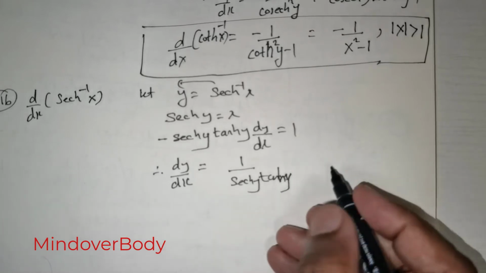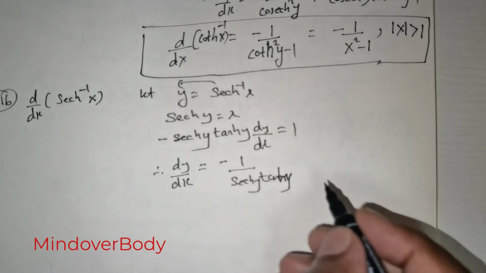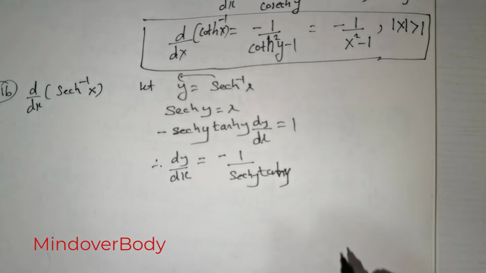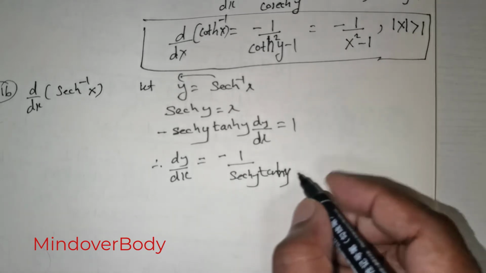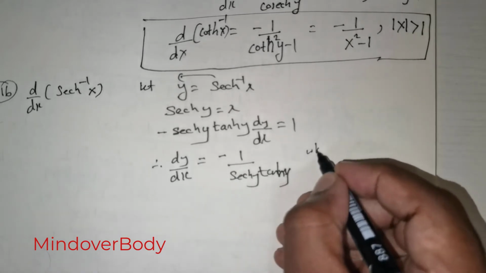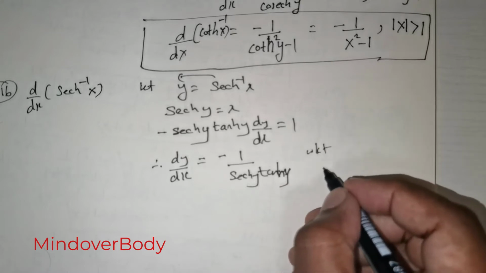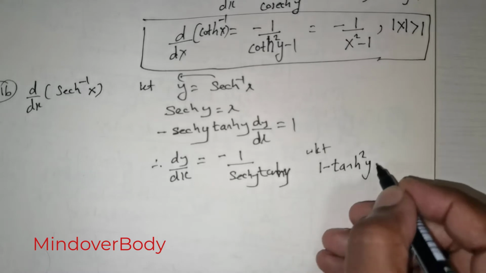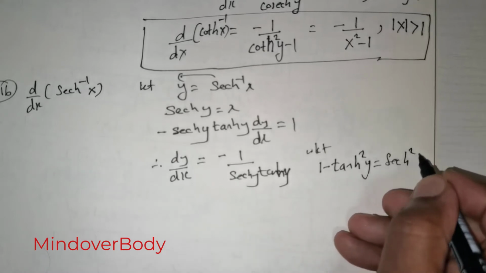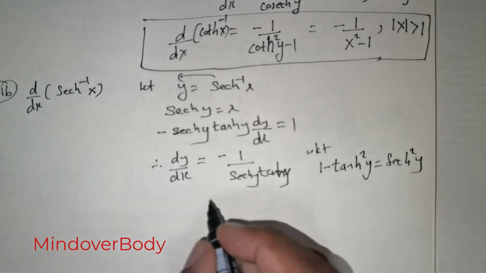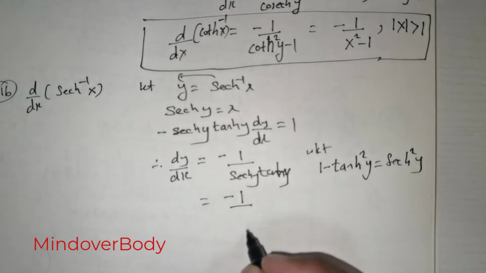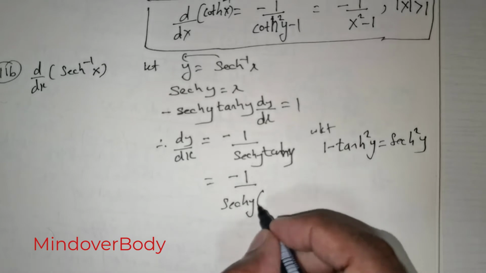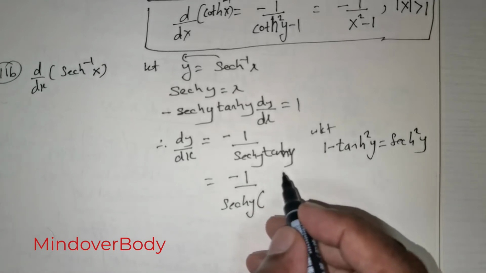tan y, hyperbolic tan, right, with a negative sign. So far it's fine. Now what I want to do is I would like to get rid of this tan. So for that I'm going to use this formula. We know that 1 negative tan squared y is equal to secant squared y. So this is equal to negative 1 over secant y times tan.